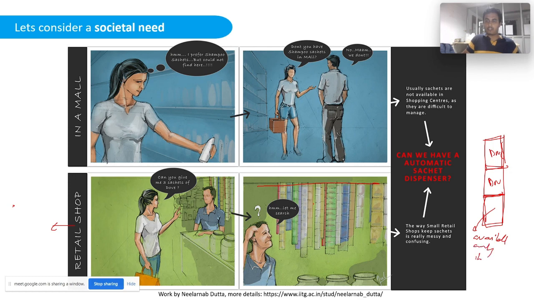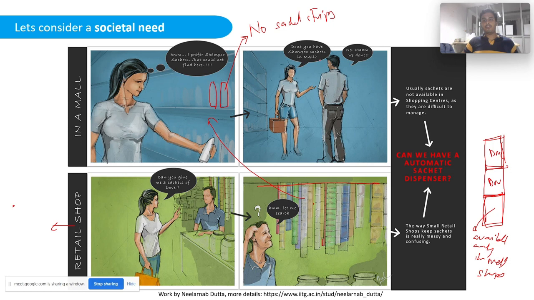If you go to a mall, you will find most of the time only shampoo bottles, which are expensive if you compare the quantity of shampoo you get inside. However, you do not have the option to get sachet strips there.